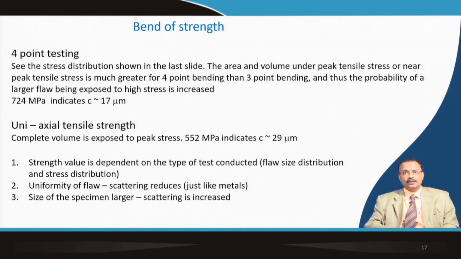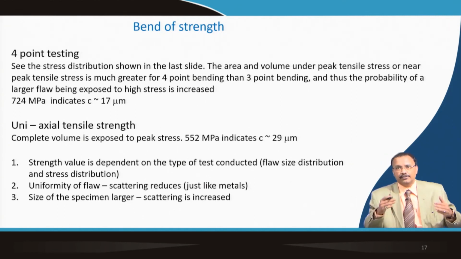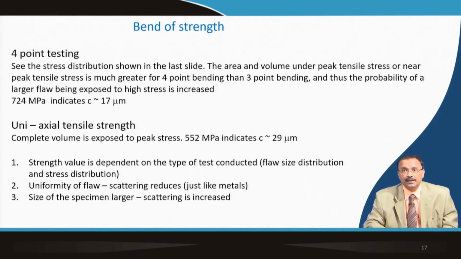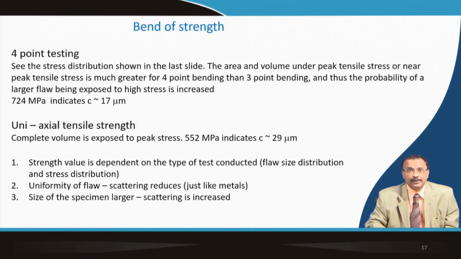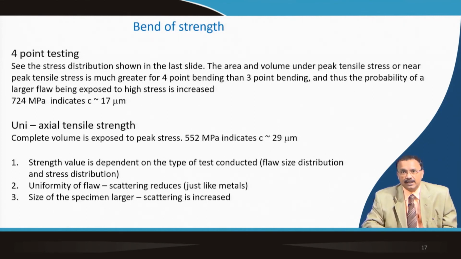In uniaxial tensile strength, the complete volume is exposed to that stress. So, the fracture stress value is lower as compared to even the 4-point bending test. So, strength value is dependent on the type of test conducted; flaw size distribution and stress distribution are important.